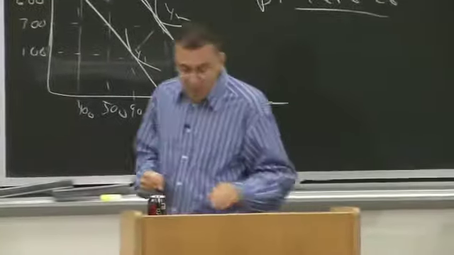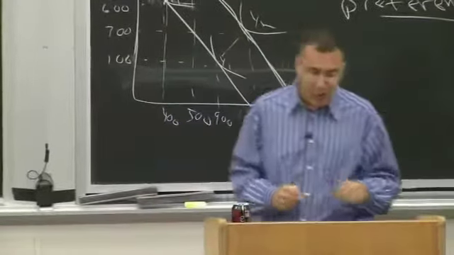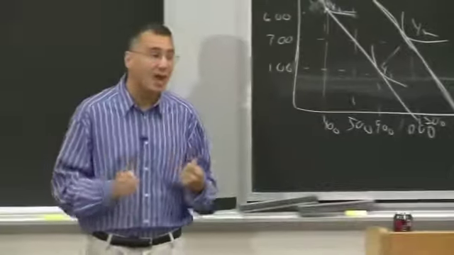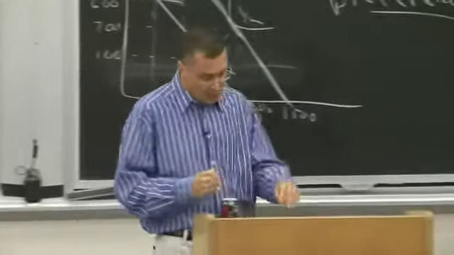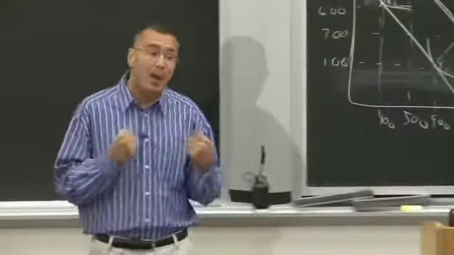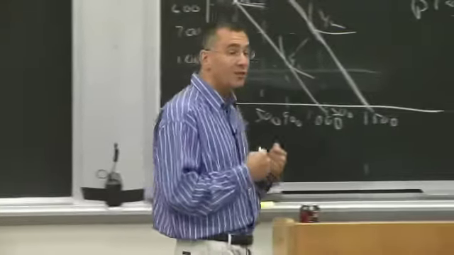Basically, the way to do this is to return to our example from last time. Your parents gave you $96. You could buy movies at $8 a pop or pizzas at $16 a pop.